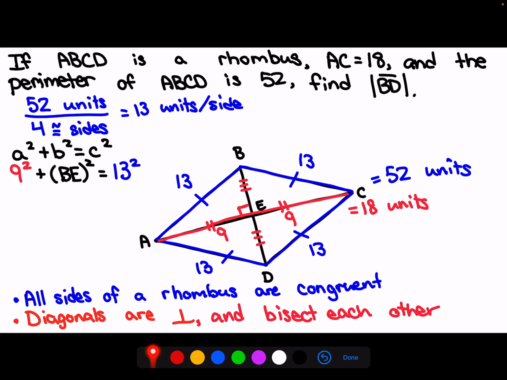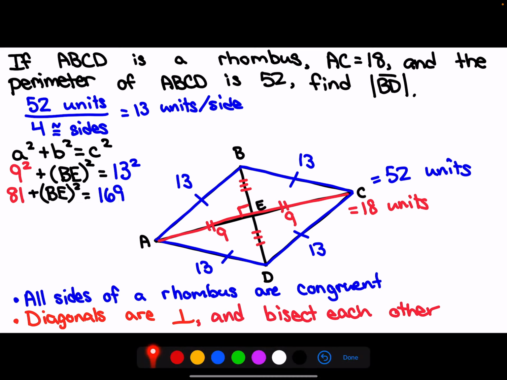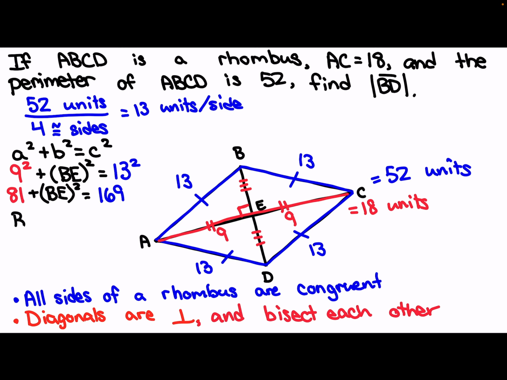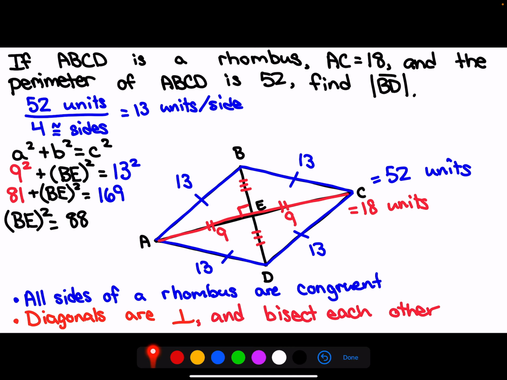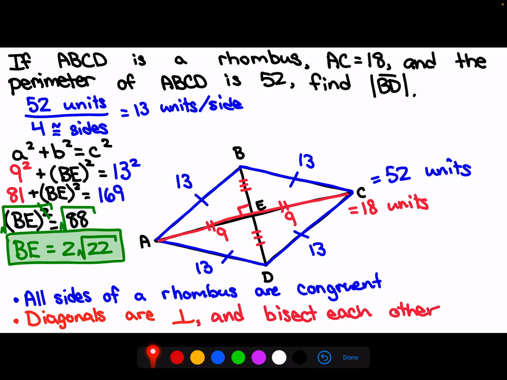9 squared will give me 81. 13 squared will give me 169. Subtracting 81 from both sides will give me BE squared equals 88. And then taking the square root of both sides will give me BE equals radical 88, or 2 radical 22. Now, that just means that BE is 2 radical 22. That's its length. And of course, you can change this to a decimal if you want.